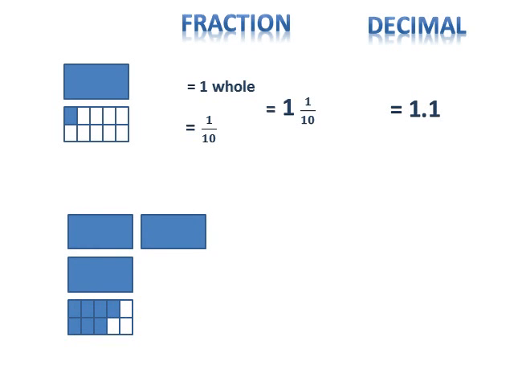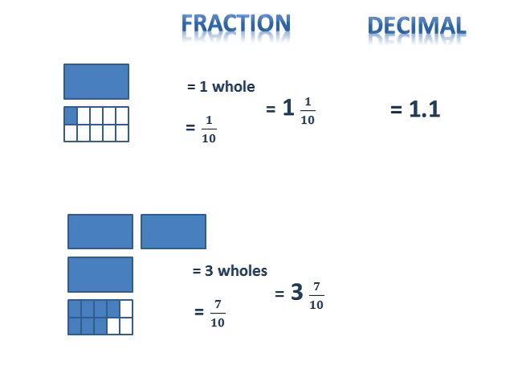We have 3 wholes here and that fraction over there. For the 3 wholes, we have of course 3 wholes. And for the fraction, how many colored parts? There are 7, so that's 7/10. As a mixed number, that's 3 and 7/10.